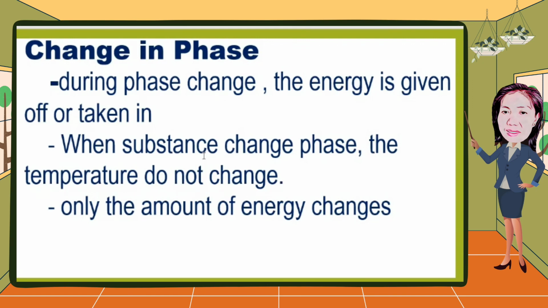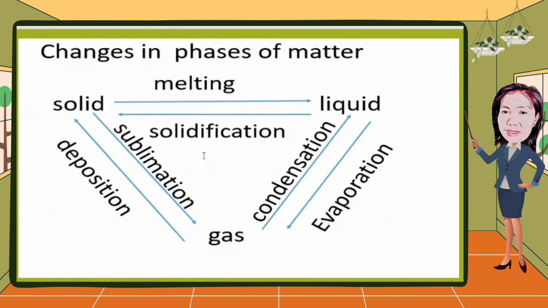Let us say, while the substance is melting, the temperature will be the same, let us say 10 degrees Celsius, or 90 degrees Celsius. So when it is in the process of changing phase, take note the temperature will not change. What changes is only the amount of energy, not the temperature. Okay, remember that. This illustration shows the summary of the phase change when heat is applied.